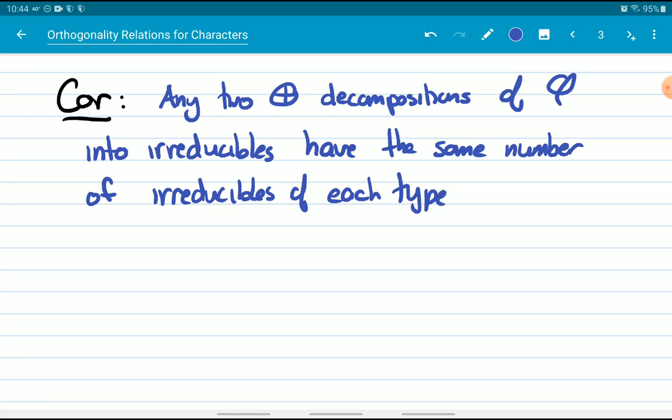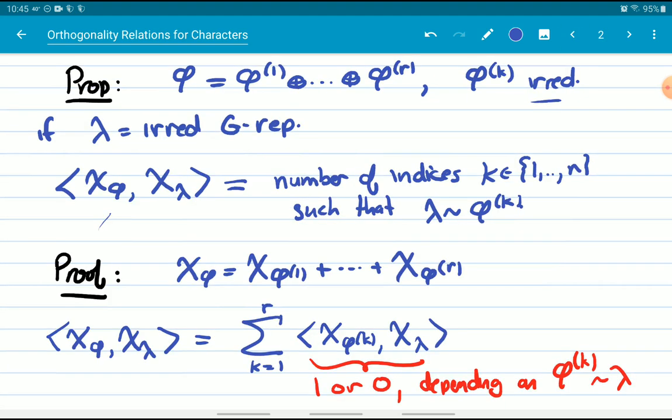If I write phi as a direct sum of irreducibles in two different ways, the lists of irreducibles in those two direct sum decompositions have to be the same lists up to equivalence and reordering. That's an immediate consequence of this proposition. I can compute the number of times lambda appears in the list of summands up to equivalence just by computing this number, which doesn't depend on the direct sum decomposition. This is just directly from phi itself. I don't need to know that it even has a direct sum decomposition to produce that number.